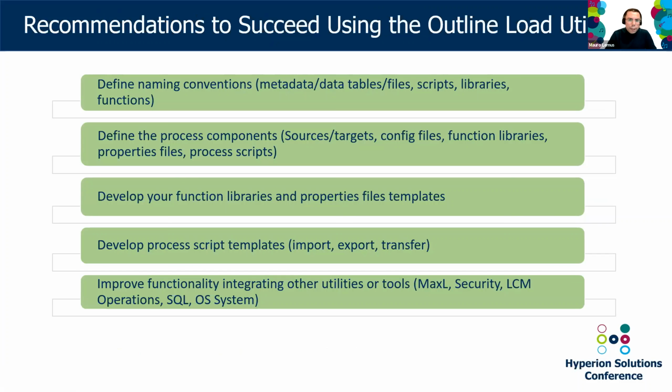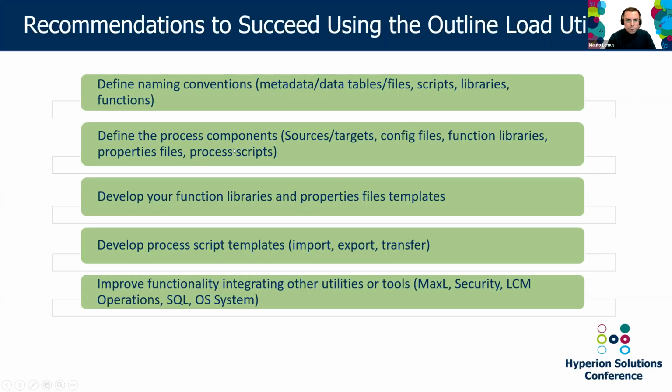Essentially, as we saw here, define naming conventions. It's really important that you define your naming conventions to name metadata tables, data tables, your scripts, and the libraries, and the most important part, if you follow a particular naming convention for your property files, it will help you a lot to maintain your scripts.